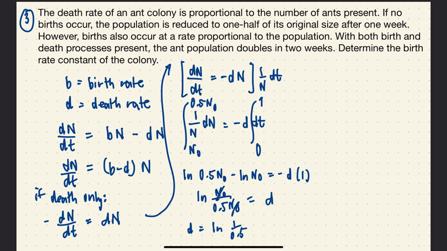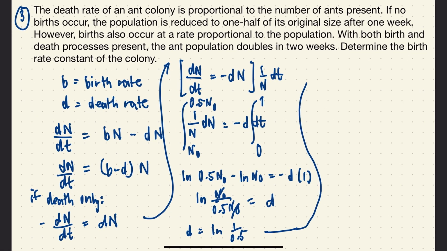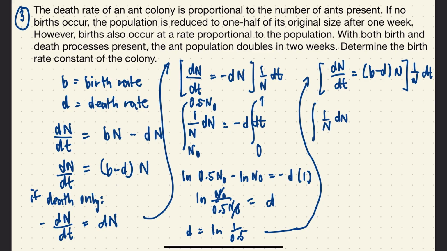If you are asked for the birth rate constant B, we can use this D in another equation, same as the first equation here in the second column. So it becomes dN over dt is equal to B minus D times N, then we solve for it again. So this becomes 1 over N dN.